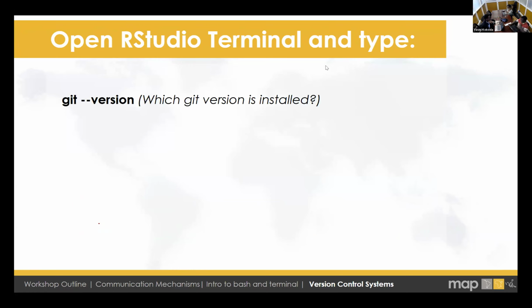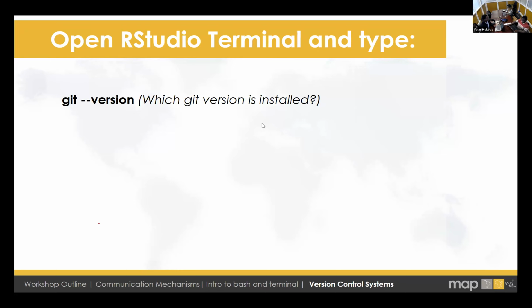So to start with Git, we would like you to open the same terminal on your RStudio like we did before. Once you open your RStudio terminal, type this command, git version, and then paste your output on the chat.